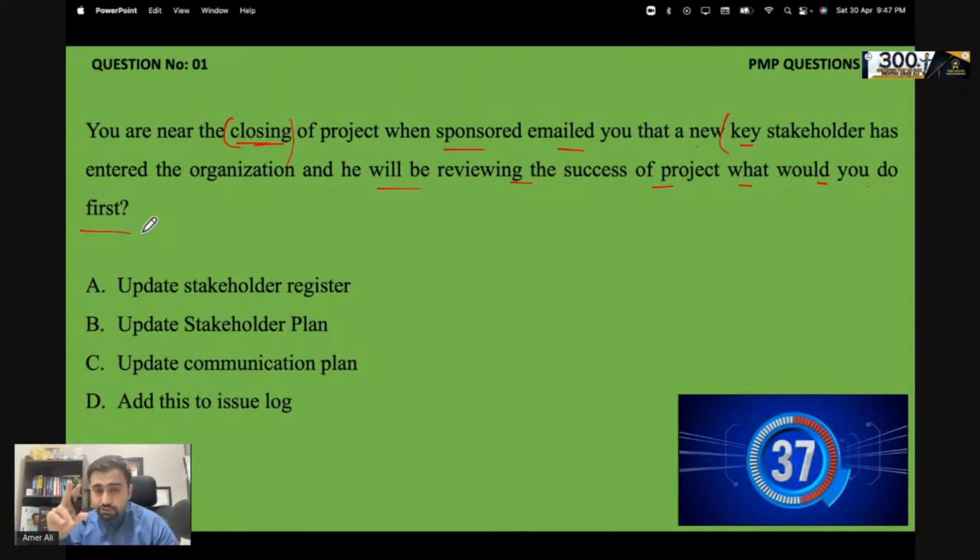So whenever a new stakeholder is identified, always the first thing is we go and update the stakeholder register. We don't even look at other things. We don't look at the communication plan, not the stakeholder plan, not the issue log. Once the stakeholder register is updated, then we update the stakeholder engagement plan.